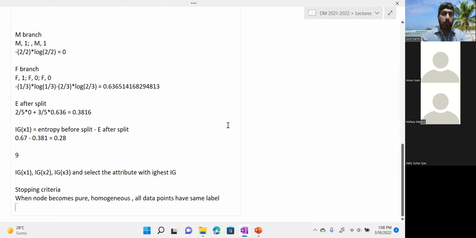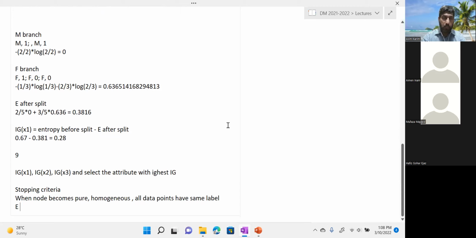But oftentimes for larger data sets and more complex problems, you would not reach a state where all objects or data points reaching a particular node are pure or homogeneous. So then in that case, we basically use some other measure, for example, entropy at that level of the data set.